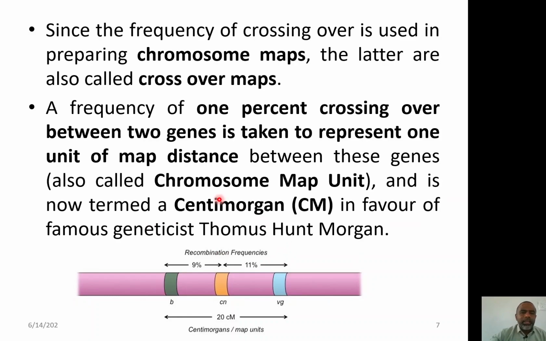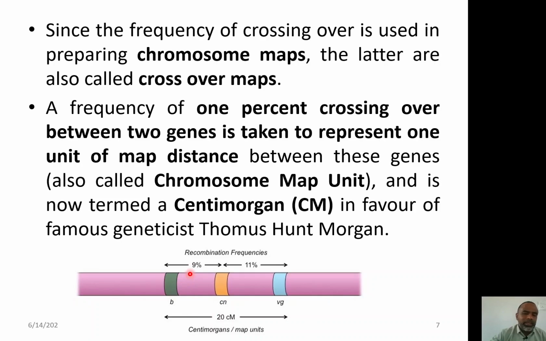So, if there is a 1% chance of crossing over between two genes, it will be taken as 1 map unit, or unit of map distance, between the two genes. For example, if in B and CN it is 9%, you can see that they are 9 centimorgan apart.